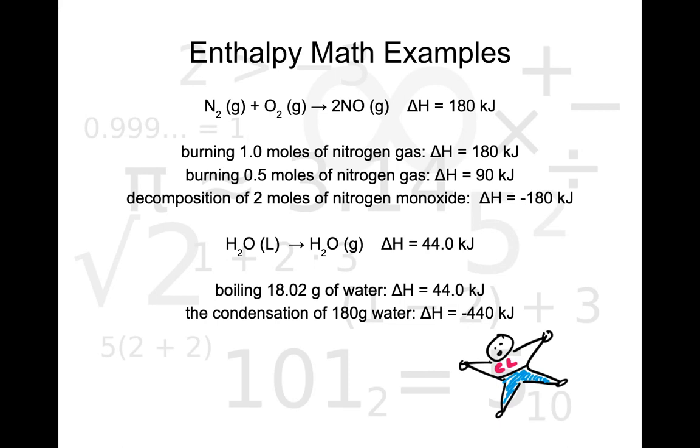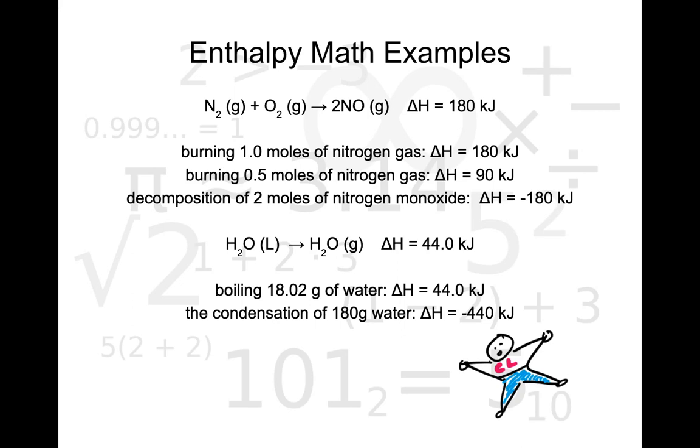So the amount of energy required to boil 1 mole of water, delta H, is 44 kilojoules. In other words, to boil 1 mole of water, 18.02 grams, I have to supply 44 kilojoules of energy to that system. Conversely, the reverse of boiling, condensation, energy is released.